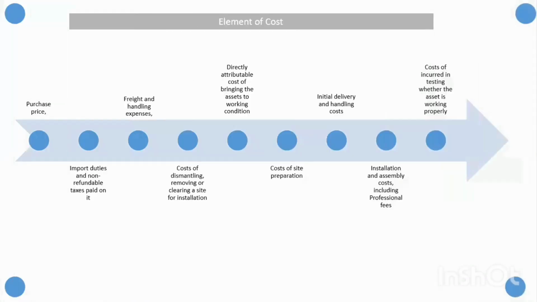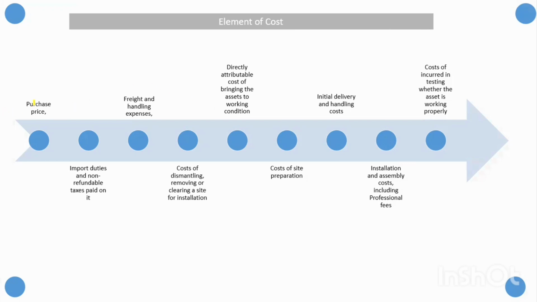And what are those variables that constitute the cost of an asset? Number one is the purchase price. How much did your company pay for the asset?